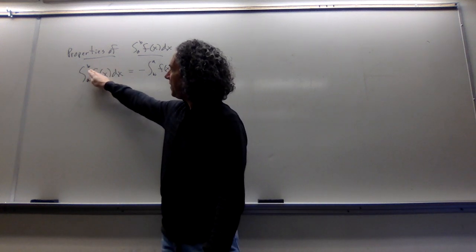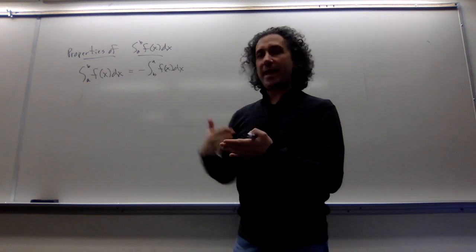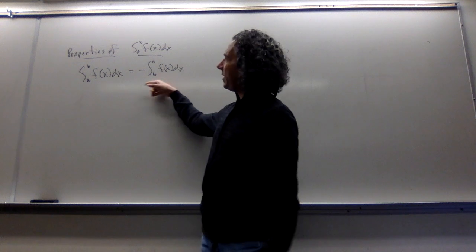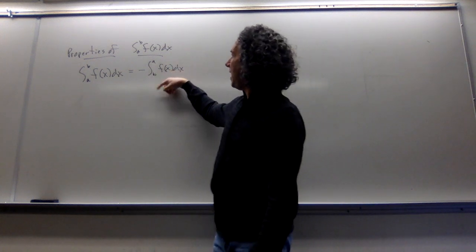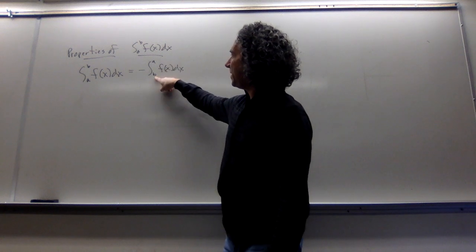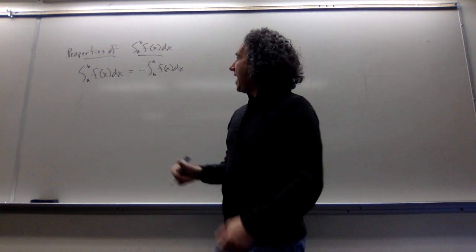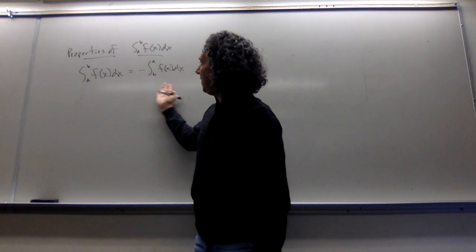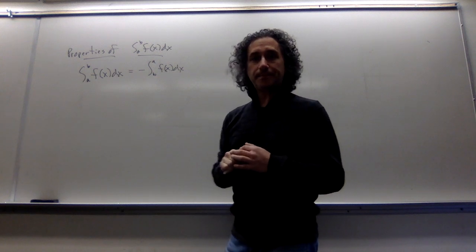So I think it would be natural if a were less than b. So we're going from a to b. But now I'm saying, well, wait a minute, there's nothing precluding us from switching these guys so that the bigger number is down here, potentially, and a smaller number up there. And what I'm saying here is that this integral has this relationship with this other guy.